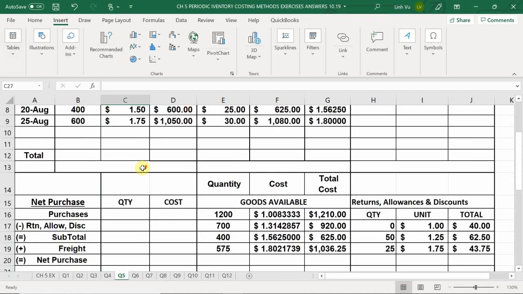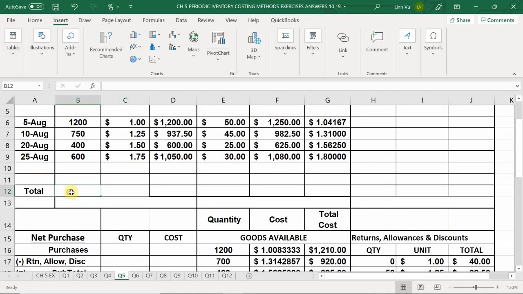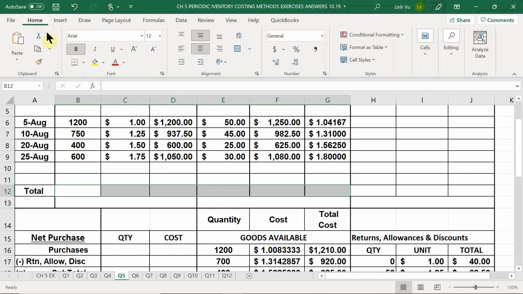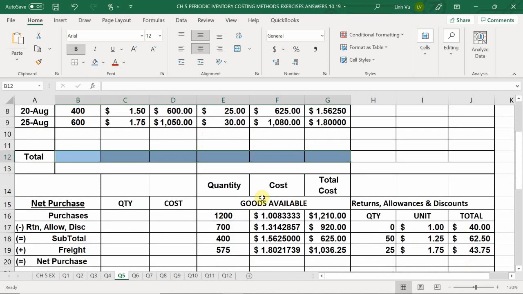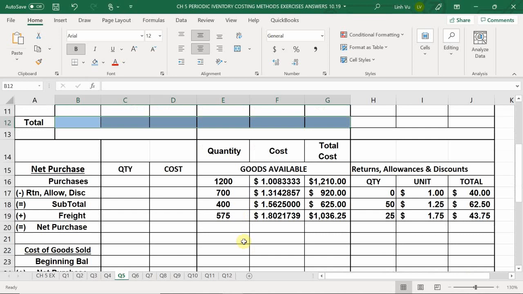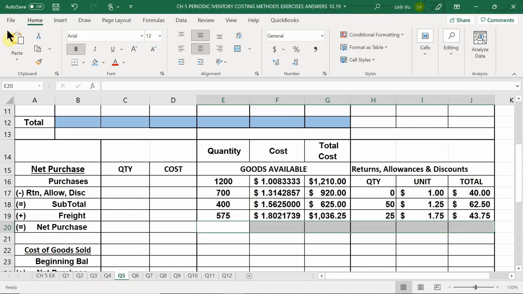And let's solve for our totals here. We need to solve for my total goods available, as well as my returns and allowances.